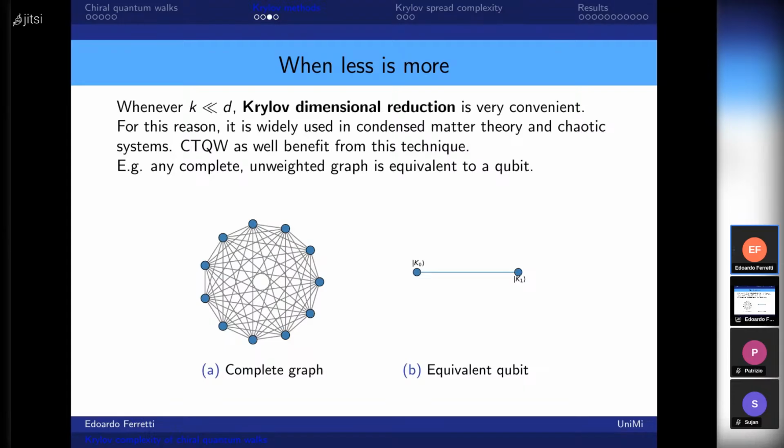And for this type of graph, of course, the dimension of the Hilbert space is n, but it can be shown that any dynamics given any initial state can always be reduced to the one of a two-level system. So it doesn't matter how large n is, we will always require no more than two states to describe the system. This is important, for example, in one of the applications, which is Grover's algorithm.